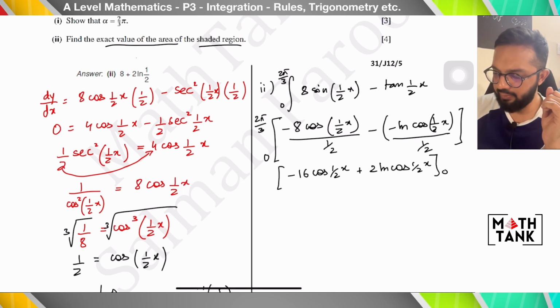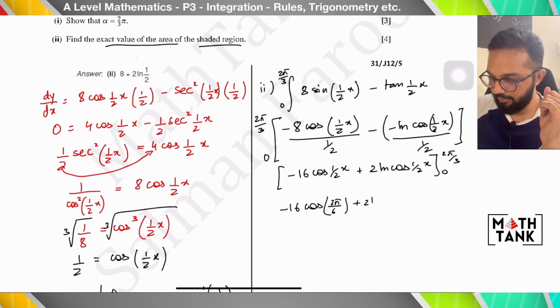And I have the limits 0 to 2 pi over 3: minus 16 cos 2 pi over 6 plus 2 ln cos 2 pi over 6, minus 16 cos of 0 plus 2 ln cos of 0.